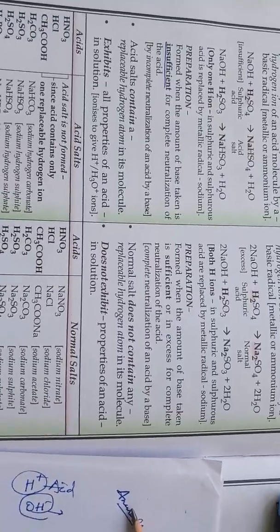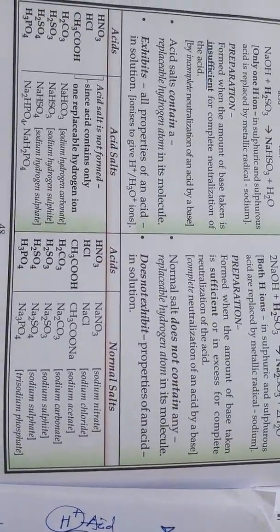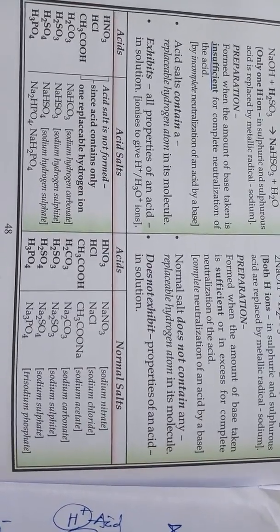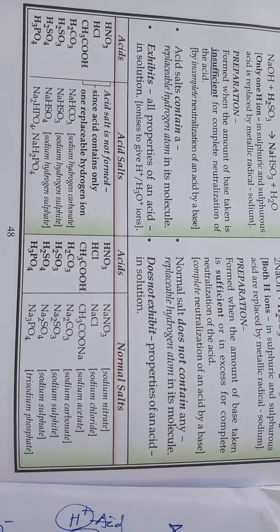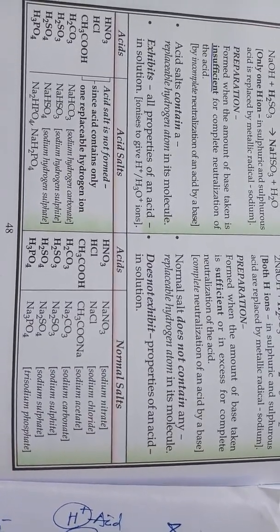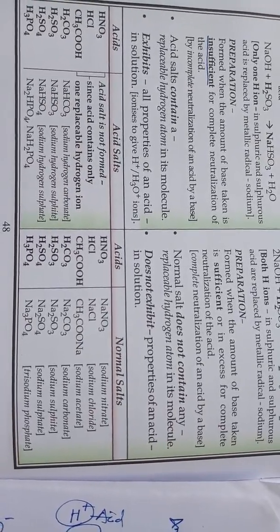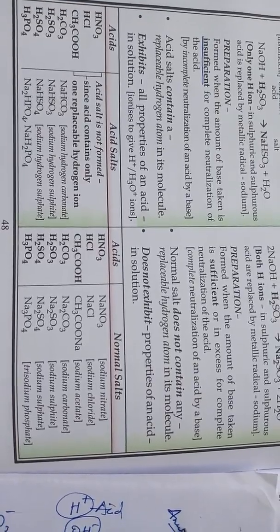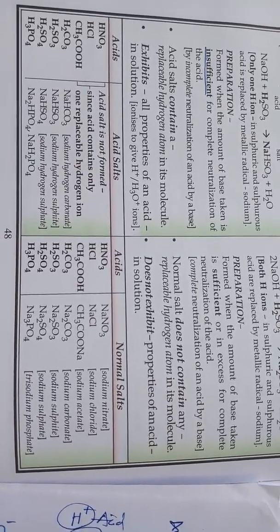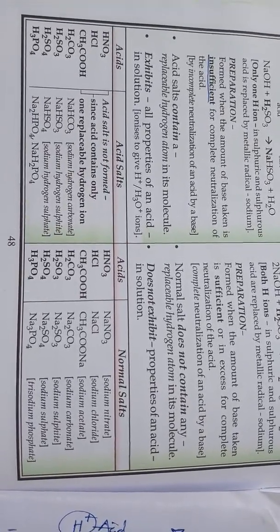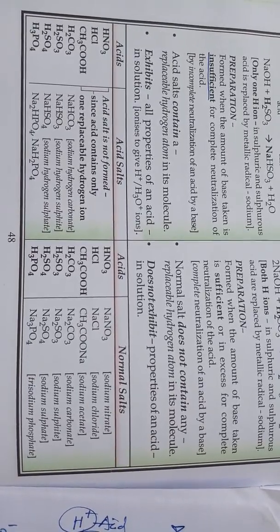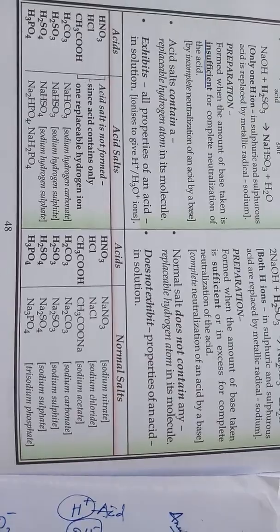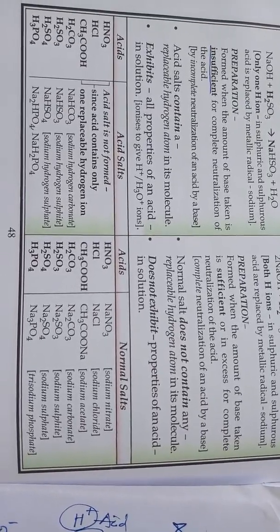Now they have given a few examples of acid salts. If you take a look at HCl, HNO3, acetic acid, each contains only one replaceable hydrogen ion. So generally, this acid does not form acid salt. But if you take a look at the other acids, carbonic acid, sulfuric acid, phosphoric acid, they all give acid salt, right?